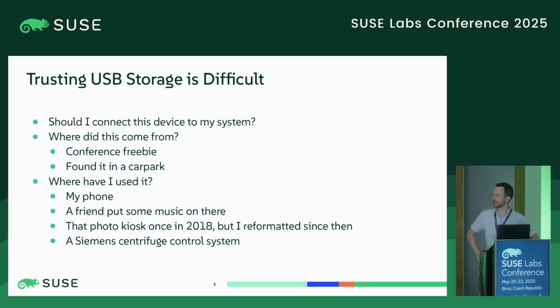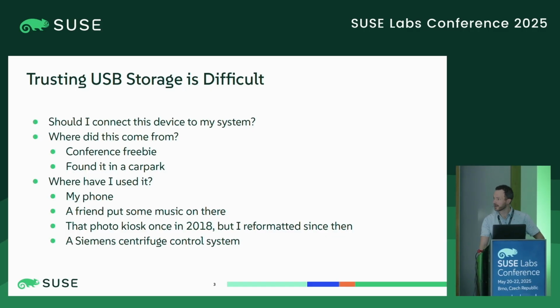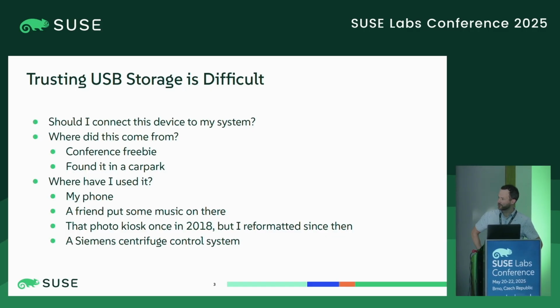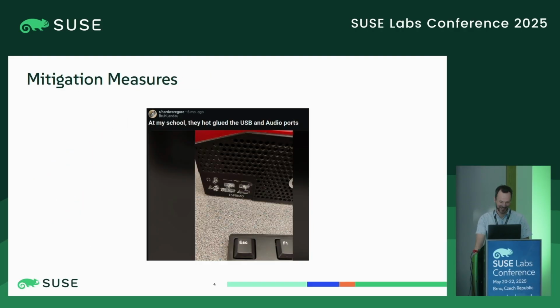You could be using it with, or lending it to your friend. You don't know whether they have a safe or up-to-date system. So these are the problems we have today. Steam and centrifuge, hopefully some of you know the reference. So that's the Stuxnet worm. So probably shows how damaging the wrong USB storage can be.